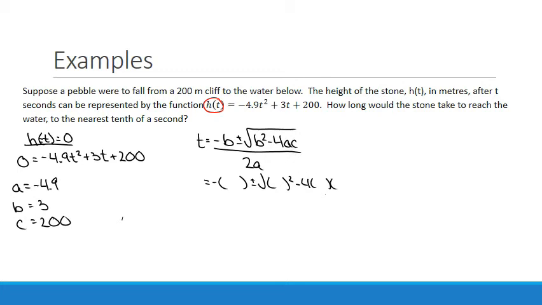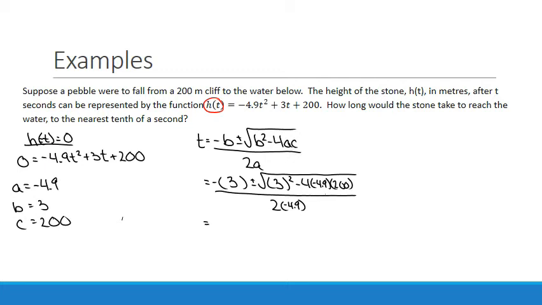I'm just going through and making my open brackets. I like doing that when I'm teaching. If I was doing it myself, I might not do it. The b is 3. A is negative 4.9. Didn't leave myself much room, did I? Negative 4.9. C is 200. Same thing. Squishing stuff.